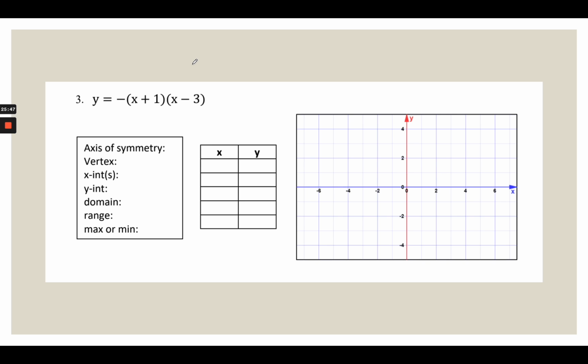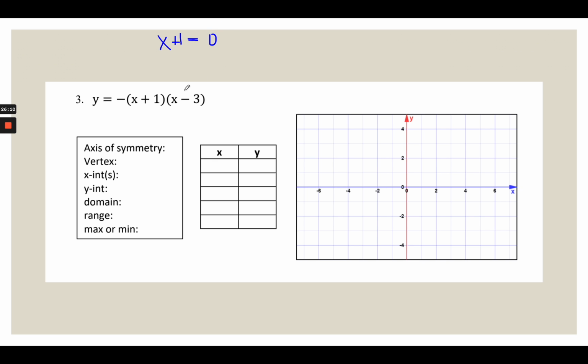Now, factored form is kind of fun. So you might remember from solving factored form that factored form is pretty easy to identify x-intercepts, right? Because we'd have x plus 1 equals 0.